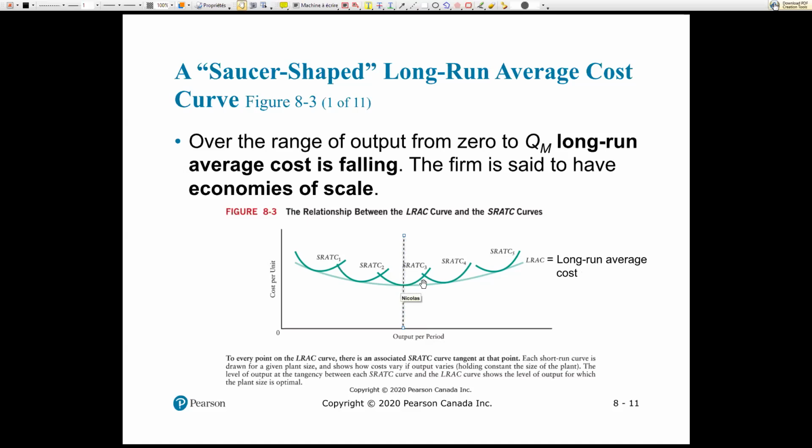It means that I cannot move on this long-run average cost curve, because there's only one factor I can change in the short run, my variable factors, such as labor or hours of work. So if I have decided to produce here in the long run, what is the cost curve I'm facing in the short run? It's this short run average cost curve here.